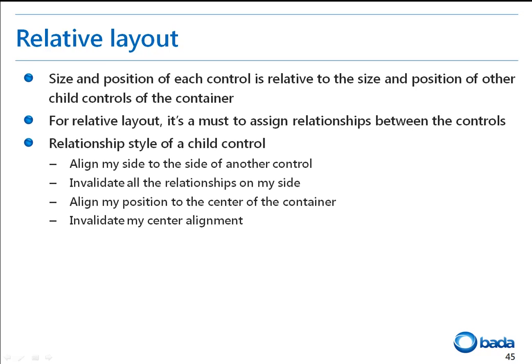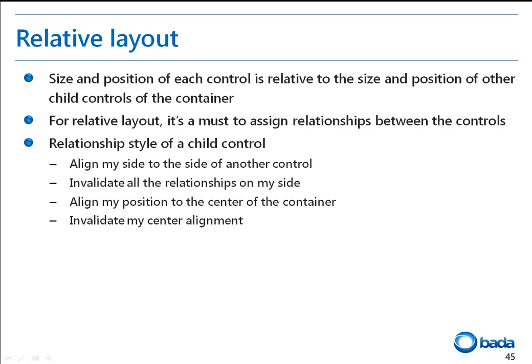First, align my side to the side of another control, i.e., the 4 sides, left, right, top, and bottom, can be aligned relative to the sides of another control. Second, invalidate all the relationships on my side, i.e., there will be no relationships on any sides for the control.